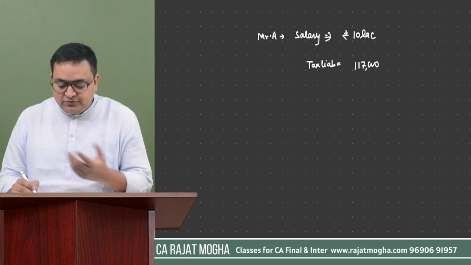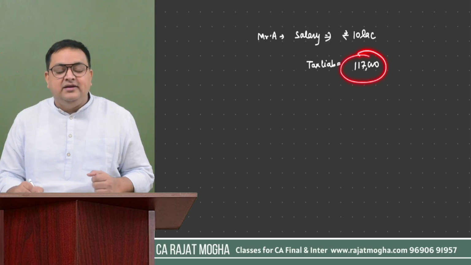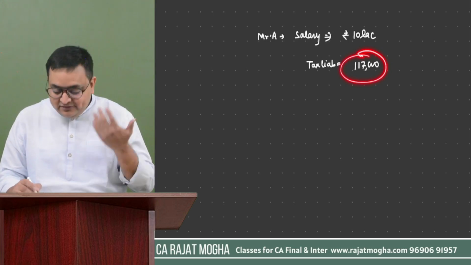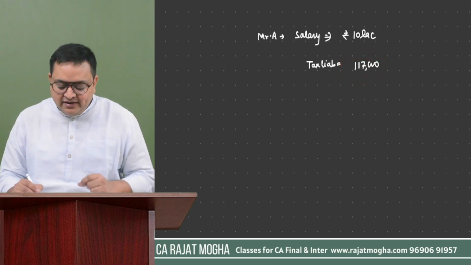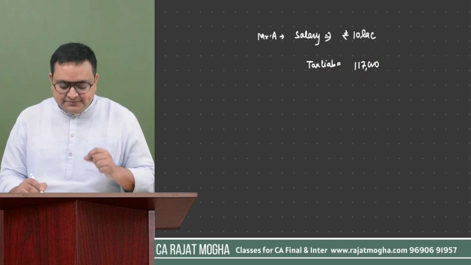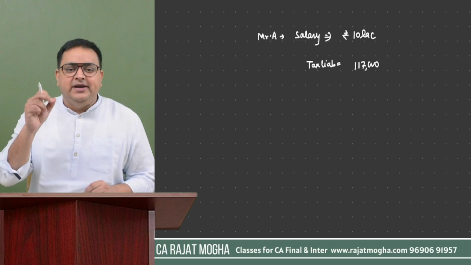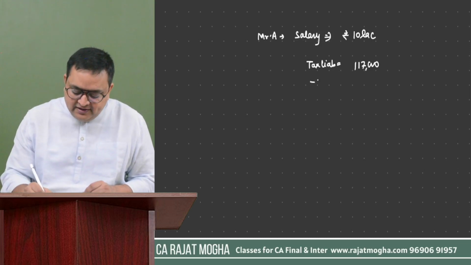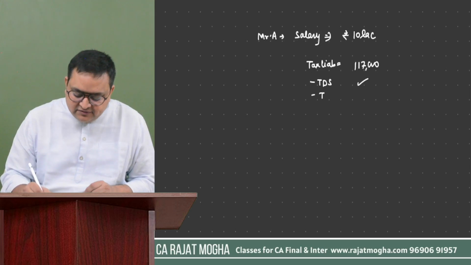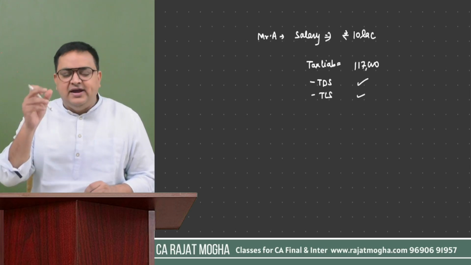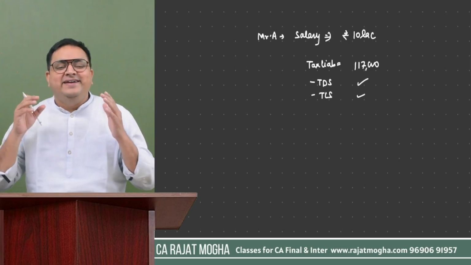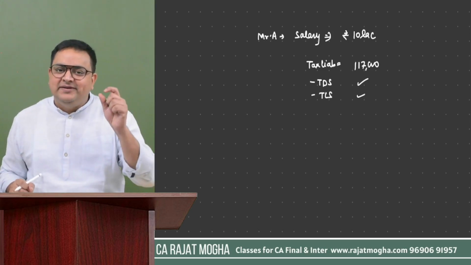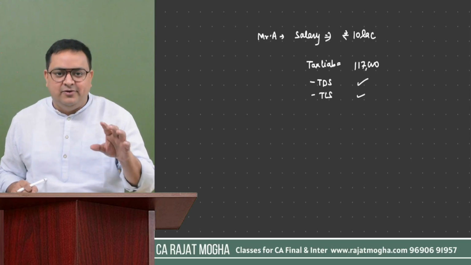Some student might say, sir, now the tax liability is 10,000 rupees or more. It is 1,17,000, so we have to pay advance tax. The thing is that from whatever your tax liability is, you have to deduct any TDS which has been deducted, or any TCS which has been collected, right?